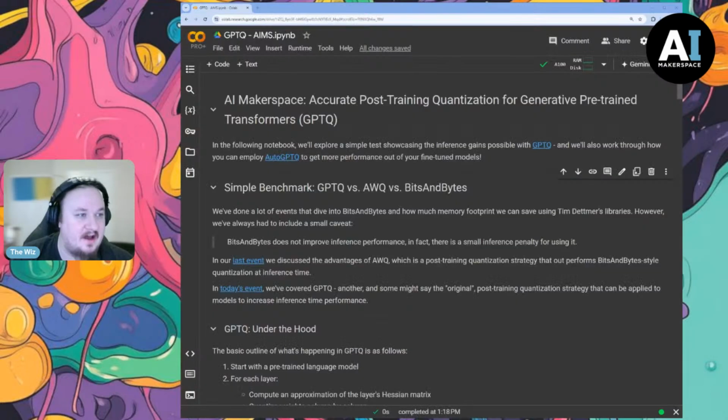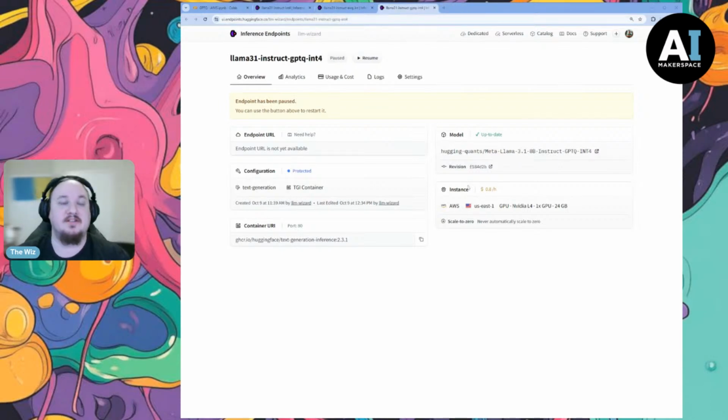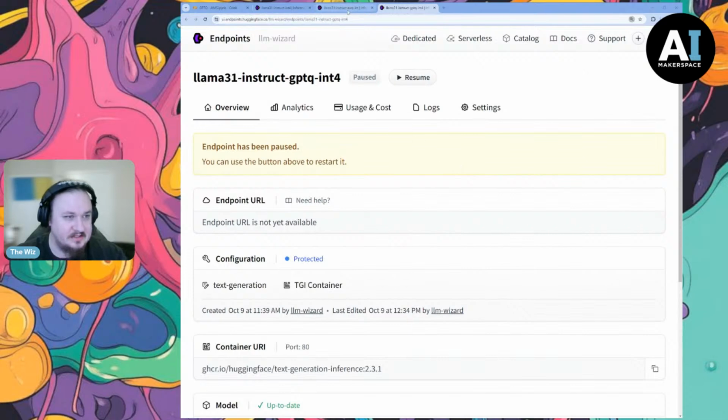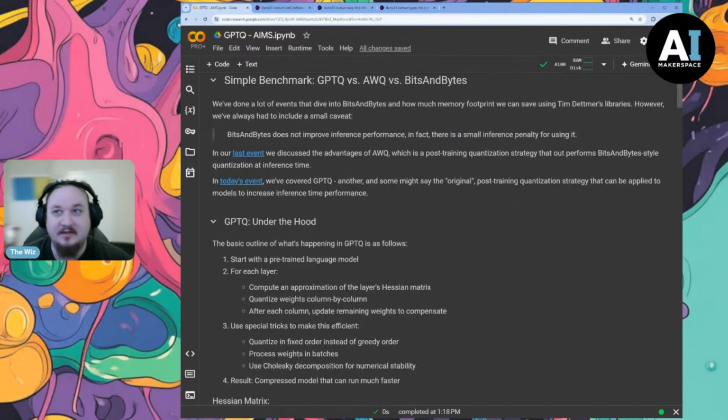You can see here we have our Llama 3.1 int4, our Llama 3.1 AWQ, and then our GPTQ implementation. We use these three endpoints, which were all running Llama 3.1 Instruct, and we just hammered them with a bunch of requests, and we see which one is quote-unquote the best based on the speed. And the results will not shock you. They're exactly what you'd expect.